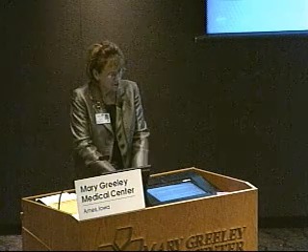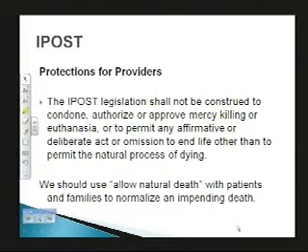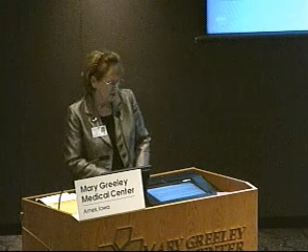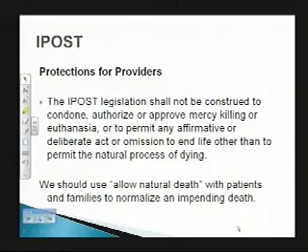Other protections for physicians: the iPost is not construed to condone, authorize, or approve mercy killing or euthanasia, and to permit any affirmative or deliberate act or omission to end life other than to permit the natural process of dying. One of the things that we would like to see as we continue to evolve in doing excellent end-of-life care is to use language with patients and families to allow a natural death.